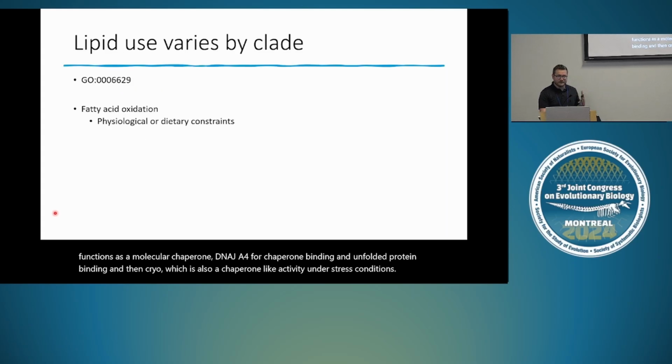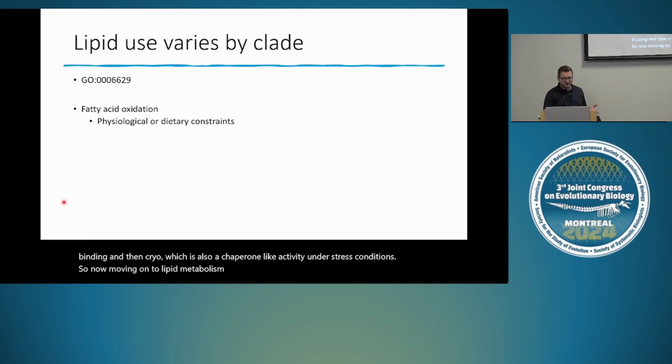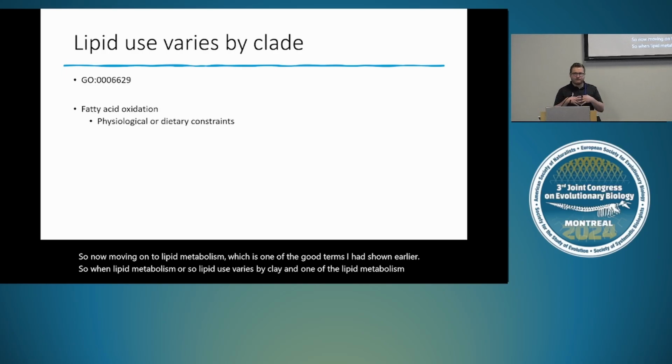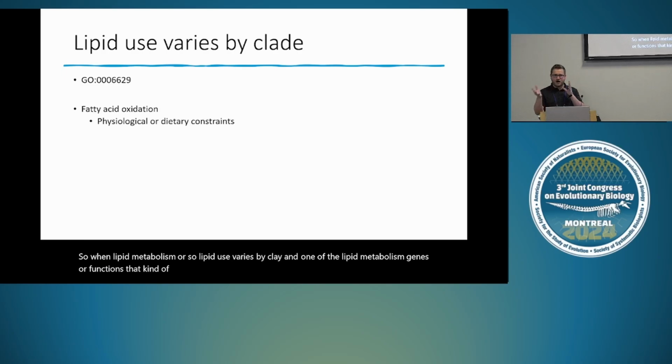So now moving on to lipid metabolism, which is one of the GO terms I had shown earlier. Lipid use varies by clade, and one of the lipid metabolism functions that stood out as common across both populations was fatty acid oxidation.